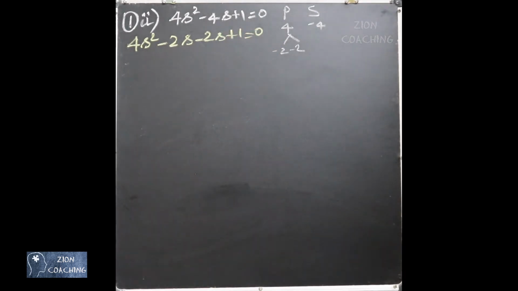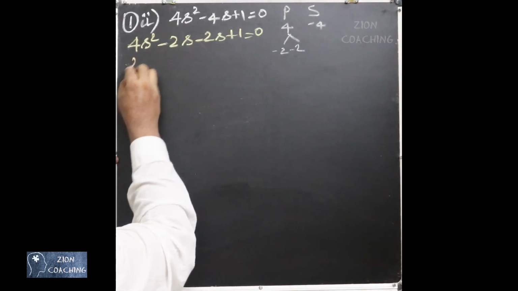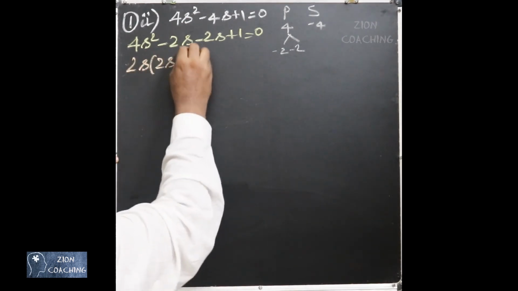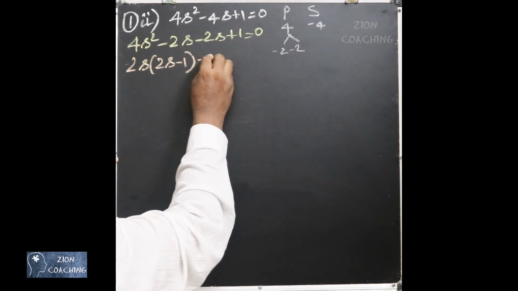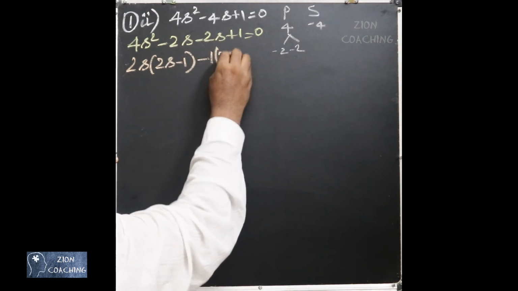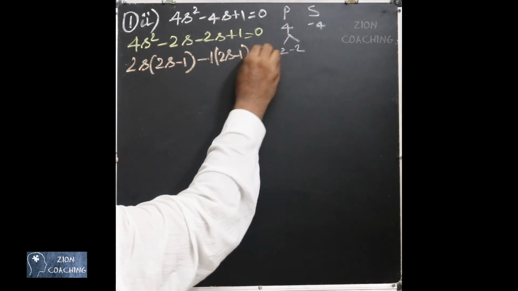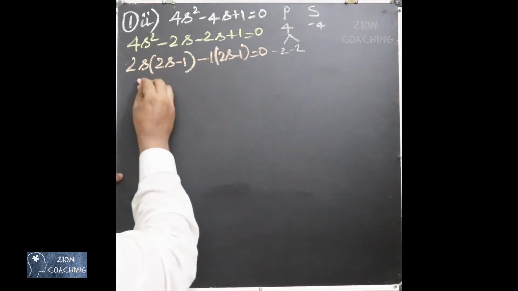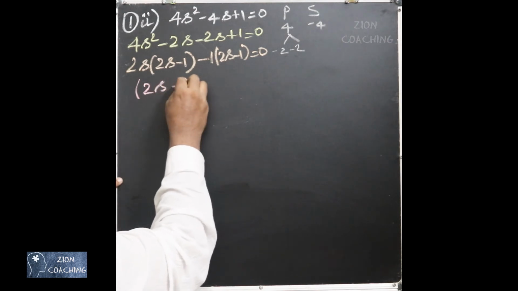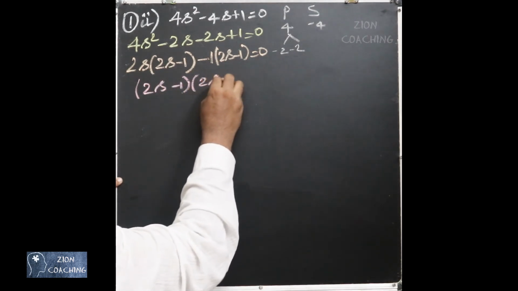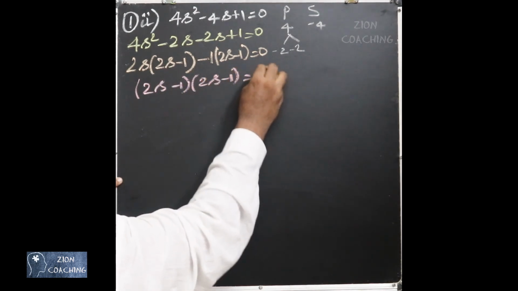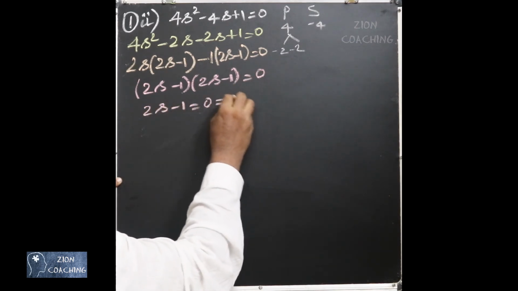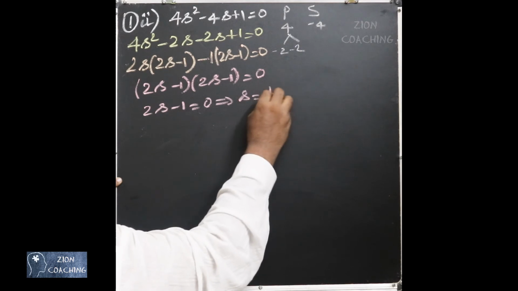In the first two terms you can see that 2s is common. So we are going to have 2s minus 1. In the second two terms 1 is common, so you are going to have 2s minus 1 equal to 0. Therefore we are going to have 2s minus 1 into 2s minus 1 equal to 0. 2s minus 1 equal to 0 implies s is equal to 1 by 2.